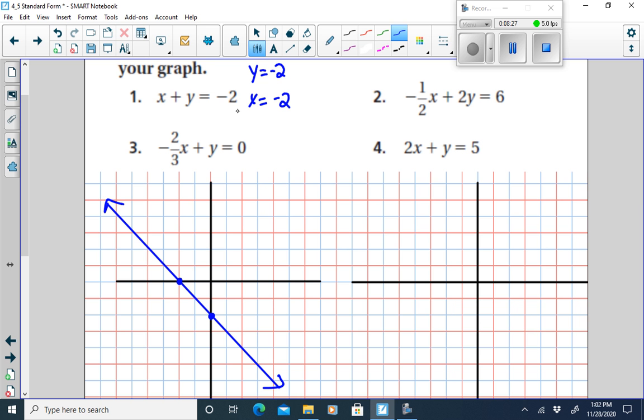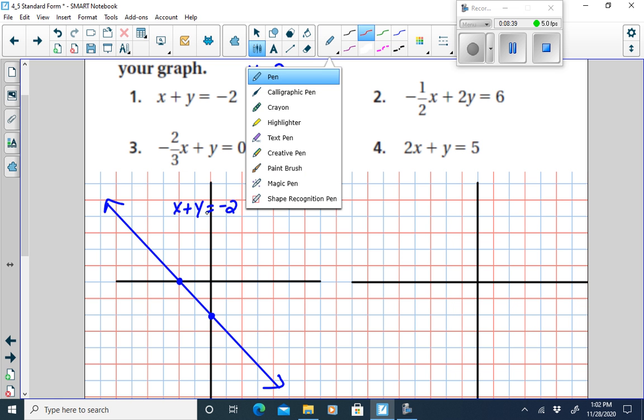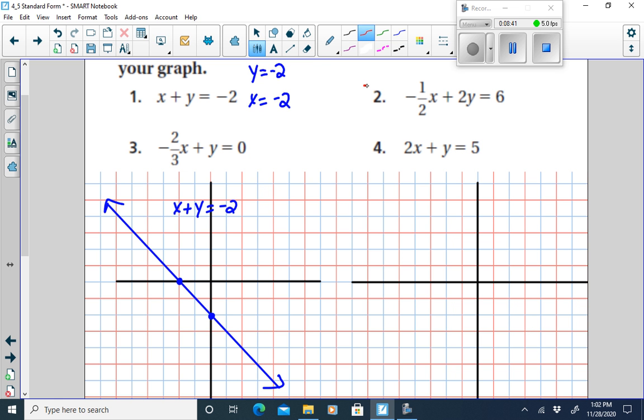Now if we wanted to, we could rewrite that into slope-intercept form. So let's take that, because we have x plus y is equal to -2. And if we solve that equation for y, we'd subtract x, and we wind up with y is equal to -x minus 2.